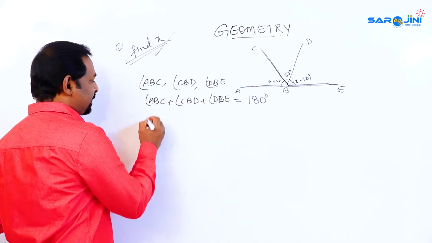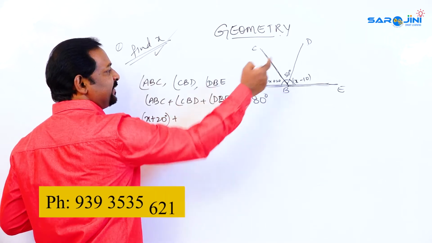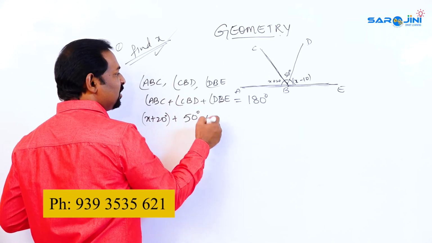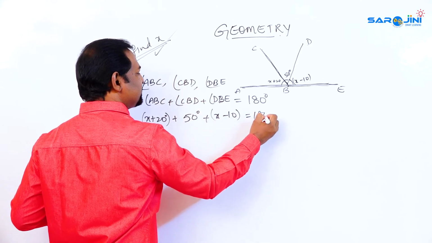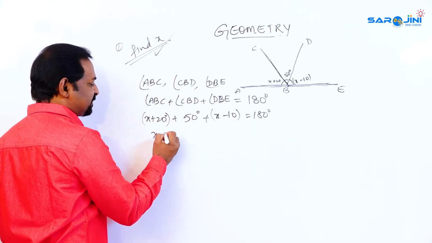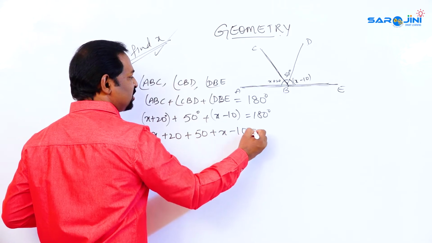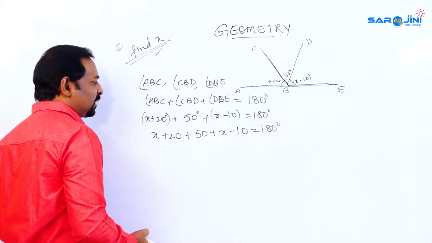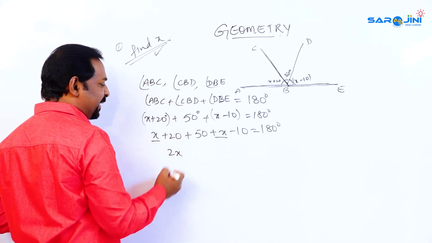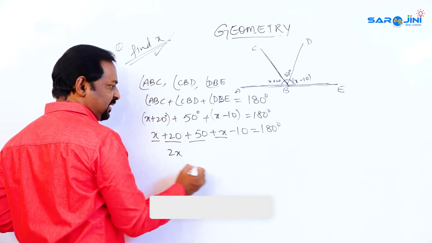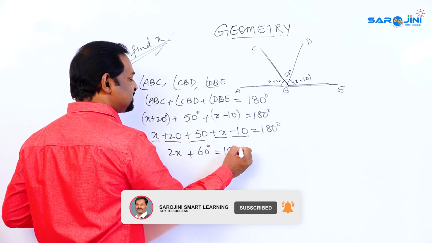Now what is angle ABC? x plus 20 degrees. What is CBD? 50 degrees. What is DBE? x minus 10, which is equal to 180 degrees. Now open the brackets: x plus 20 plus 50 plus x minus 10 is equal to 180 degrees. Now 1x plus 1x makes 2x, and the numbers 20 plus 50 is 70, minus 10 is 60, equal to 180 degrees.